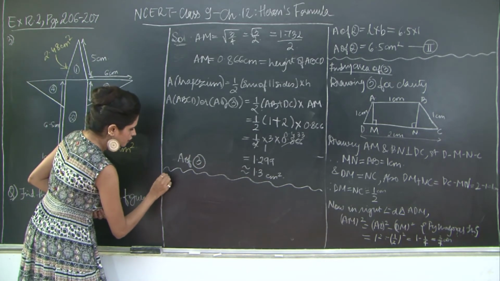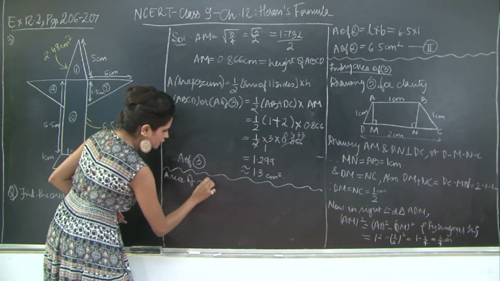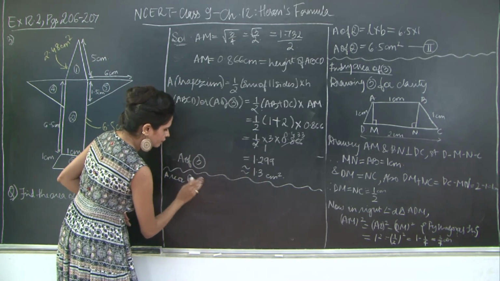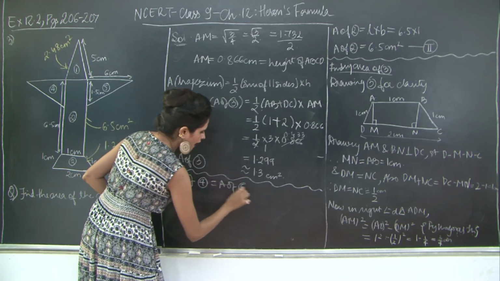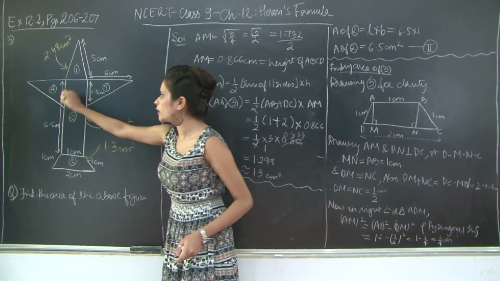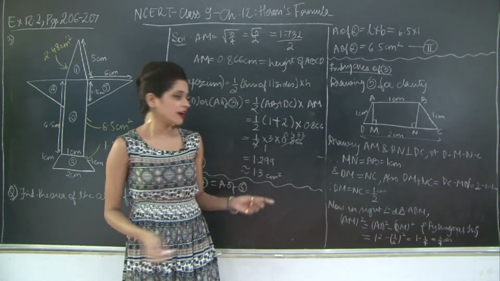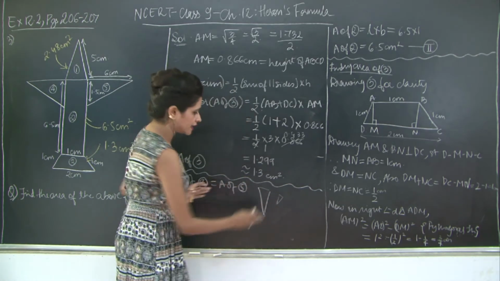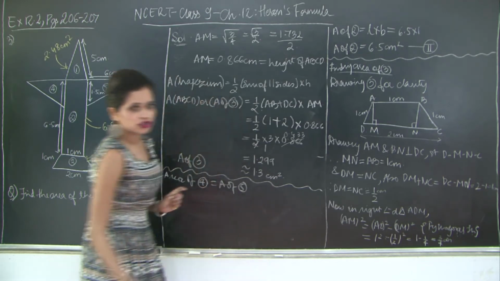Now, area of 4 is equal to area of 5. Why are these two areas equal? Because, as you can see, these are the wings of your aeroplane. The wings have to obviously be symmetrical. You cannot have one wing like this and one wing like this. Both the areas and dimensions have to be equal. The triangles also need to be congruent.